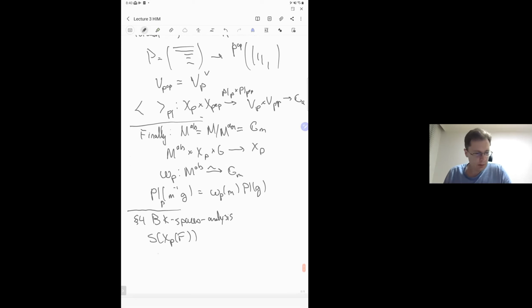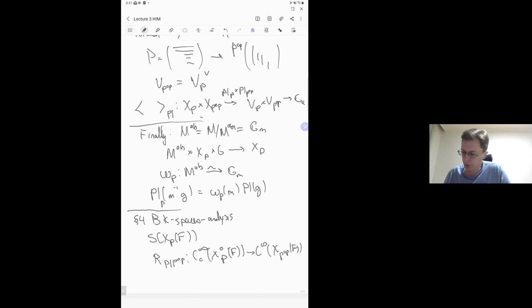First, we have a map called an intertwining map, and it takes us from compactly supported smooth functions on G mod this derived group to smooth functions on the opposite.